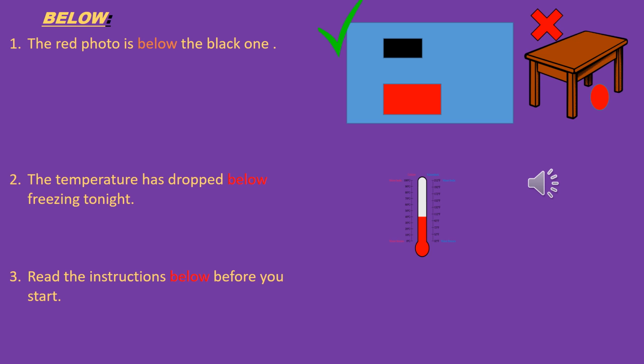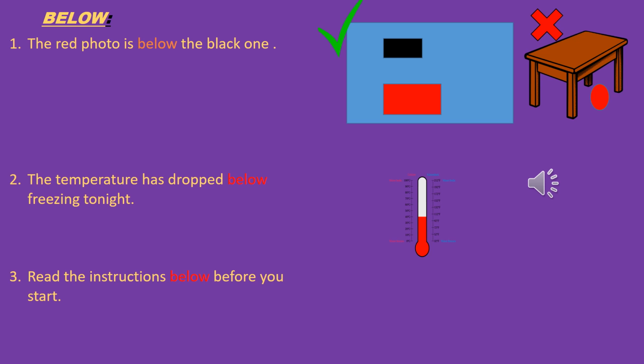But because the photos and the wall are on the same plane, same level or same surface, in this case I have to use below. Okay, keep in mind. Same thing we can use for blackboard, wall, or surface, floor, or any same level of thing. When something is staying on the same level, in that case we're going to use below.